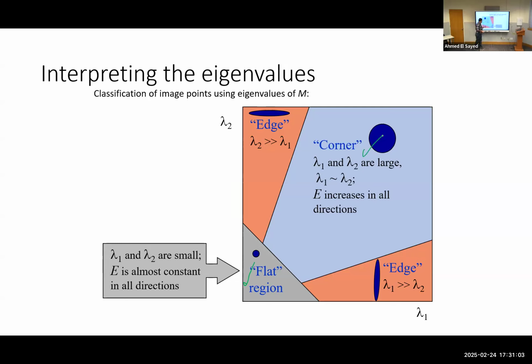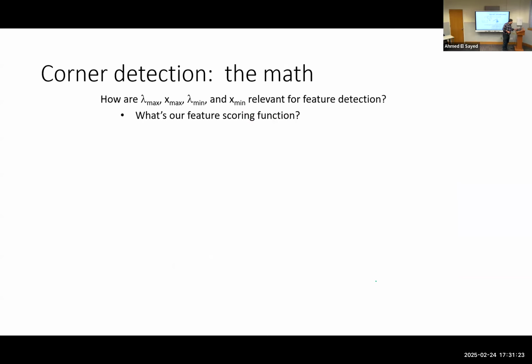If one of them is bigger than the other, it doesn't matter which, one big, one small, in this case, I'm having an edge, a line. Okay? So no need to shift, no need to do anything. Just solve for the eigenvalues.